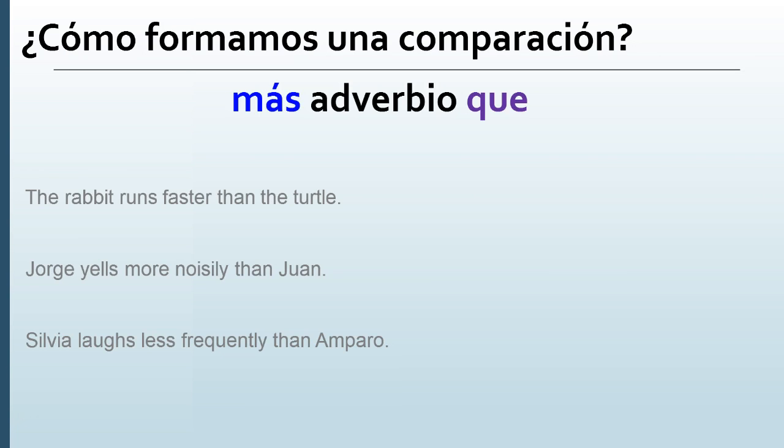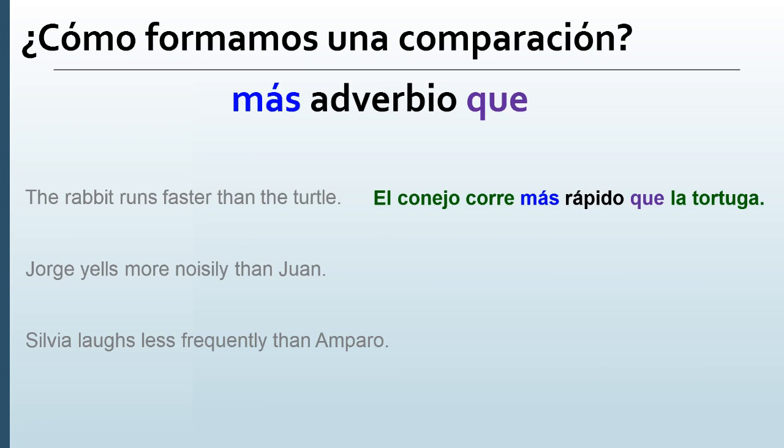So go ahead and pause the video, work your way through this one, and then hit play when you're ready to check your answer. Muy bien. El conejo corre más rápido que la tortuga. Okay, so here's our verb, corre, faster, más rápido, than is que la tortuga.